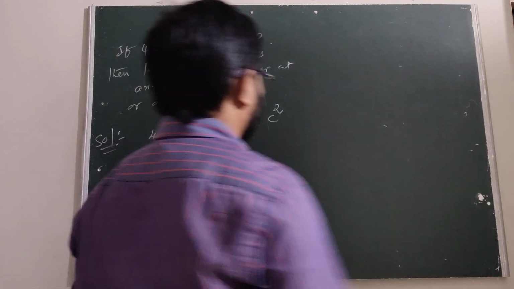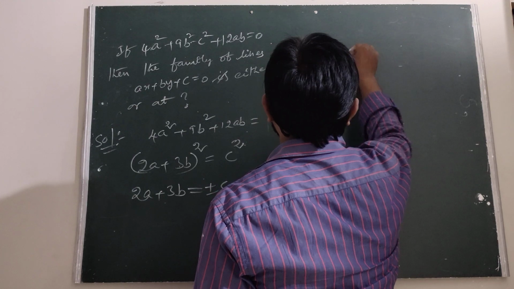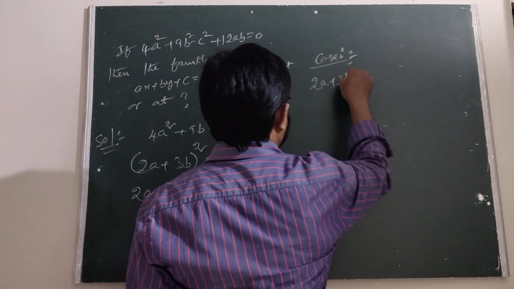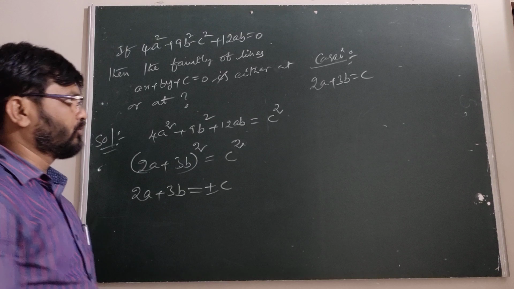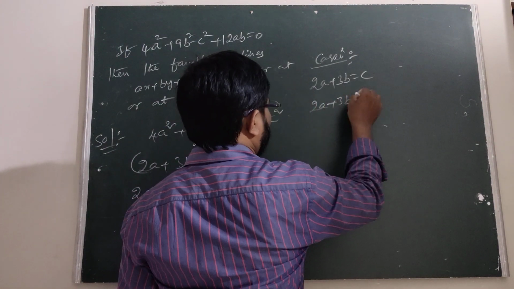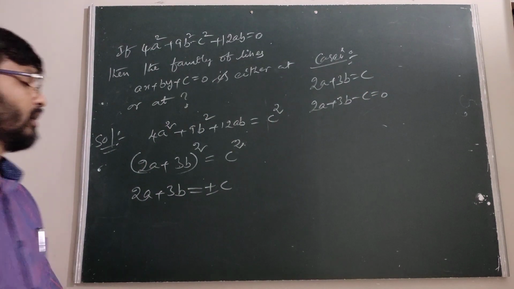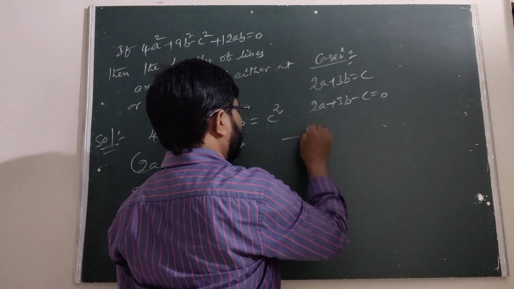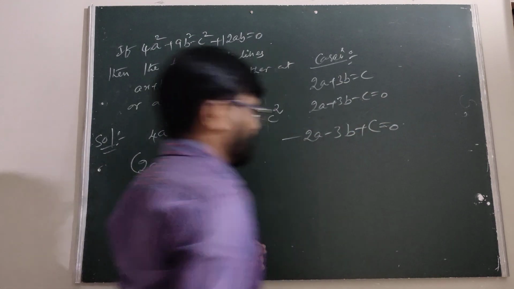Now we are taking case 1. Case 1 is 2a plus 3b equal to c. Now this is 2a plus 3b minus c equal to 0. The c is sent to the other side as minus c. Now we have to multiply by minus: minus 2a minus 3b plus c equal to 0.